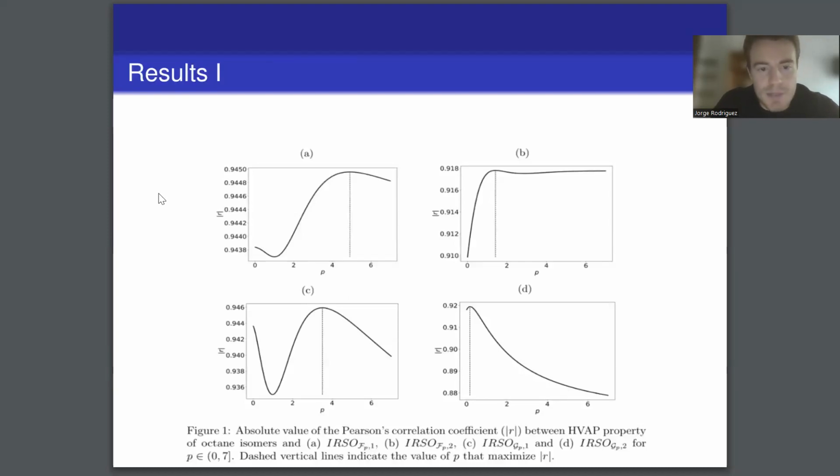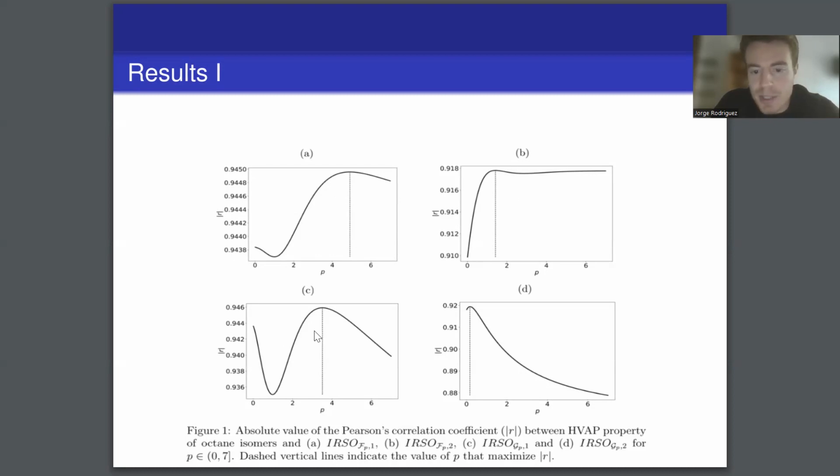What we see in this figure is simply the correlation with the enthalpy of vaporization. In panel A we have the irregularities on board index 1 for the set of functions f. In panel B we have the irregularities on board index 2 for the f set of functions.